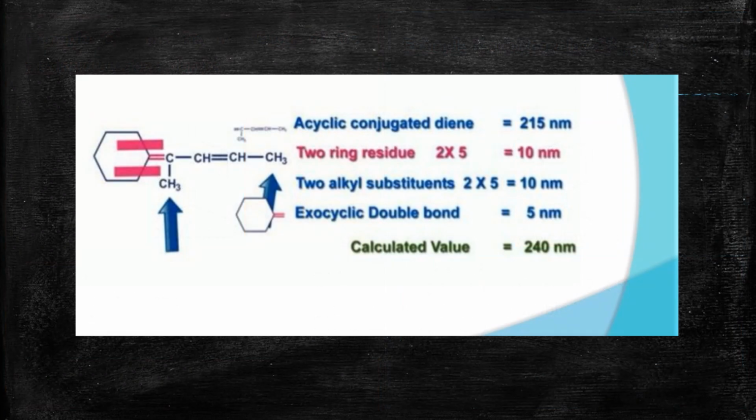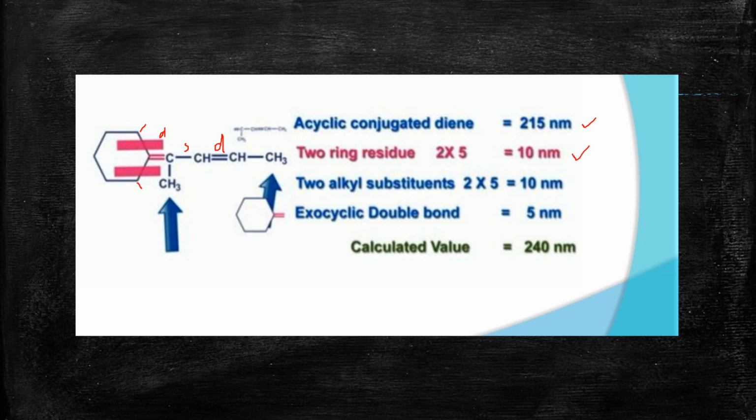Come to this example. For this molecule, see a double bond, single bond, double bond. It is a conjugated system. It is an open chain system, so it has first 215 or 214 nanometers. It has 2 ring residues. Adjacent to the double bond, this carbon is free and this carbon is free, so 2 ring residues, 2 into 5, 10 nanometers.